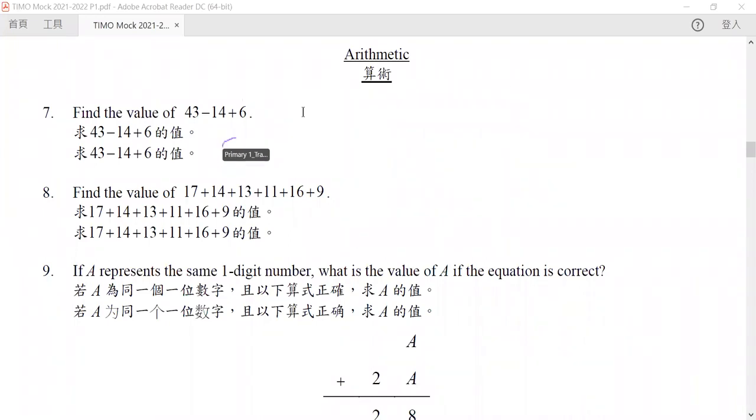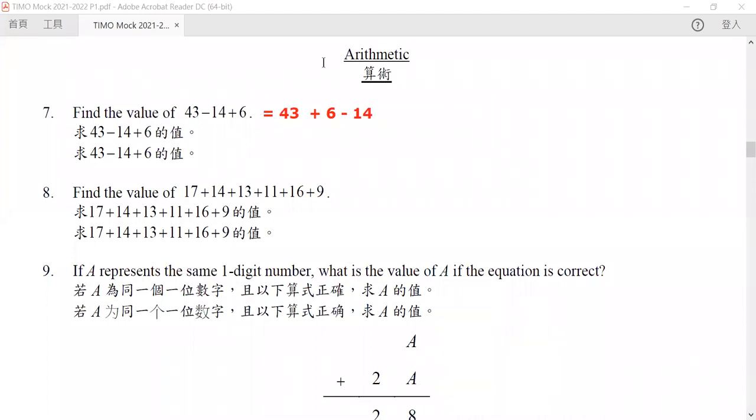Okay, so find the value of 33 minus 14 plus 6. Now in here, I would like to just rearrange the numbers. So instead of 33 minus 14 first, because minus 14 will require you to carry down, since 3 is insufficient to subtract the 4 here, we will try to add 6 first and then proceed to minus 14, okay?